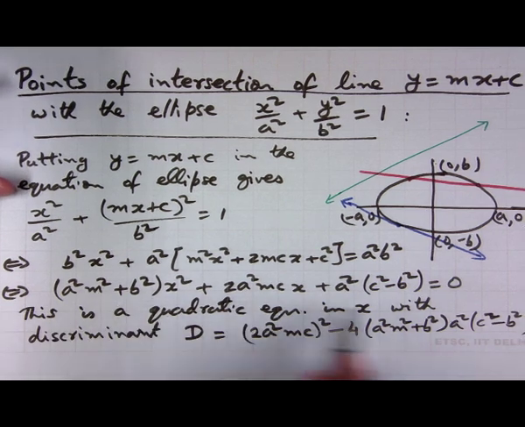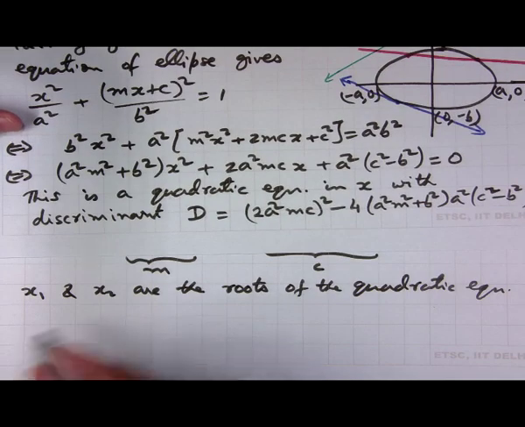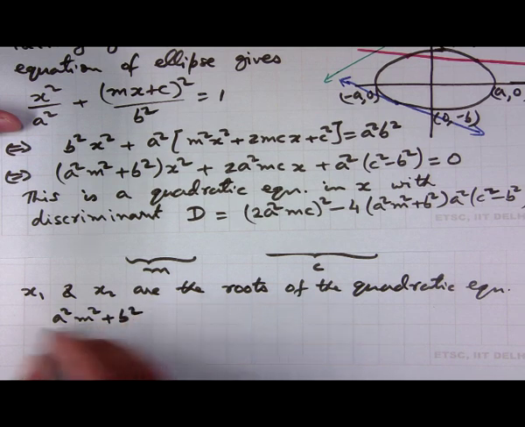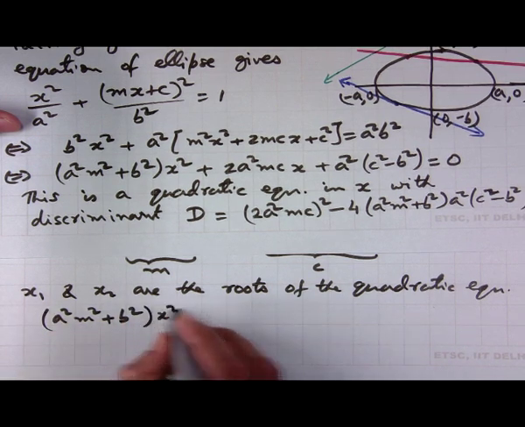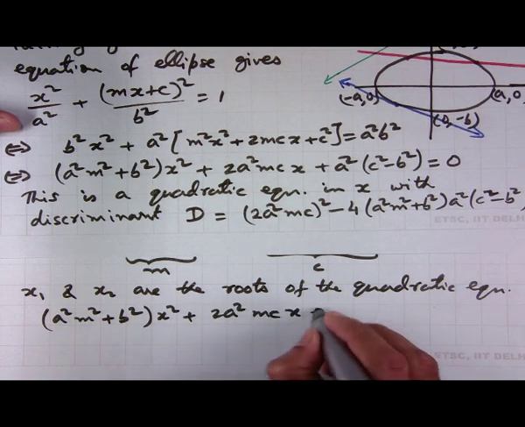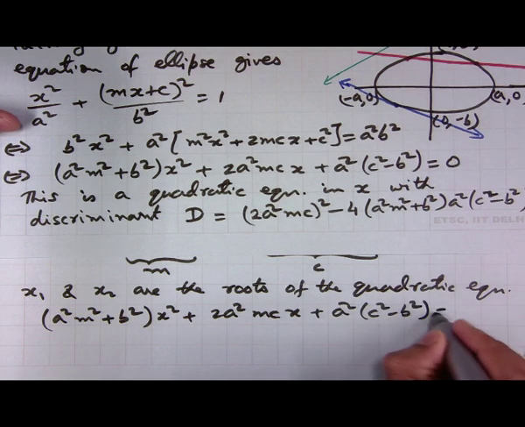So, this is the equation whose roots are x 1 and x 2. Let us write it down: a square m square plus b square times x square plus 2 a square m c x plus a square times c square minus b square equal to 0.